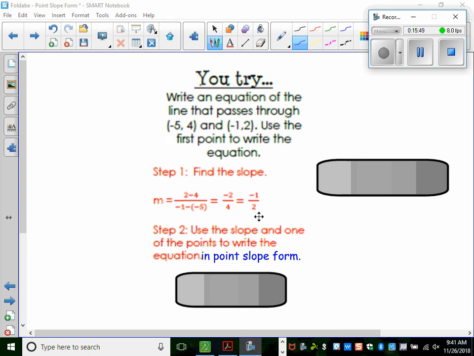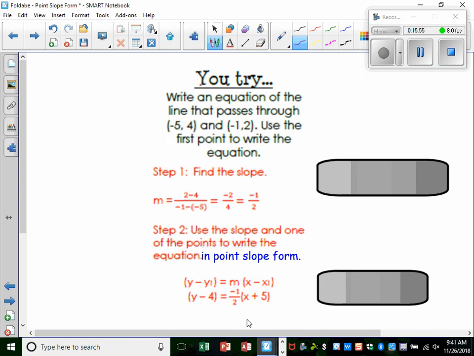So that gives us -1/2 when we reduce that. Then if we write one of the points, we're using the point (-5, 4): y minus 4 equals -1/2 times (x plus 5). And then your second one would be y minus 2 equals -1/2 times (x plus 1).